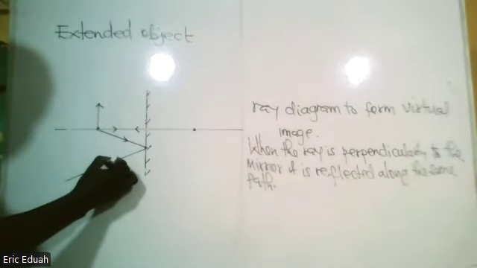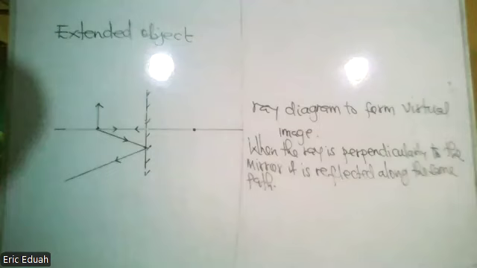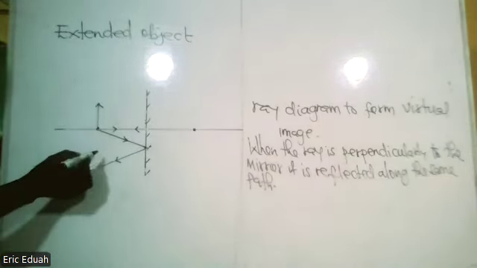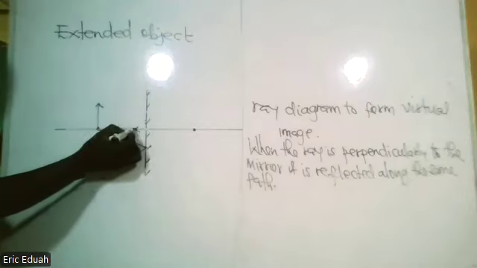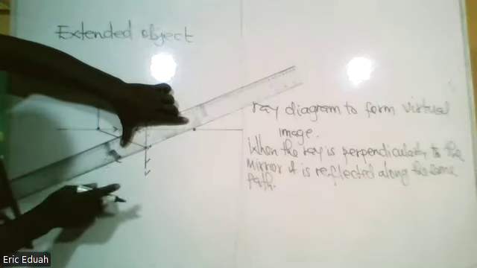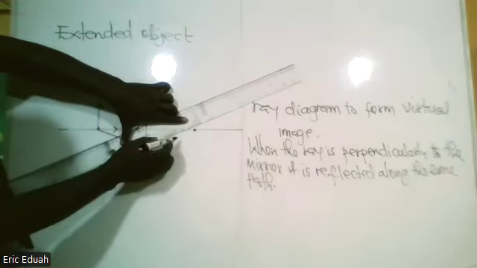So incident, reflected. This reflected ray, they will never meet. So we are projecting the reflected rays backward where they appear to meet.